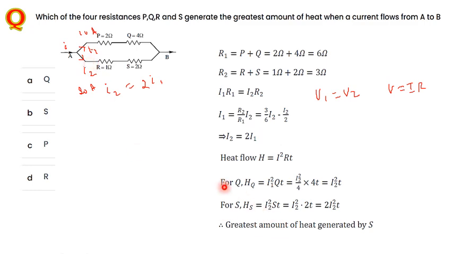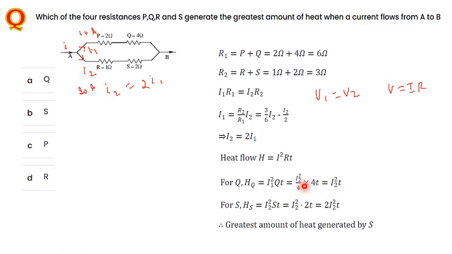To confirm that, for Q, if the current is moving away from here, heat energy here is I square R into T. I square here is I1, the current that will flow over here. Here resistance R is 4 ohm. So they have mentioned I square value from this one, I2 divided by 2. So whole square is I2 square divided by 4.